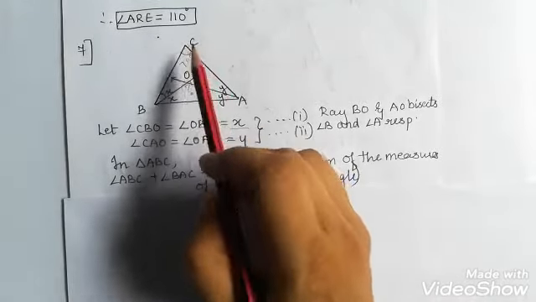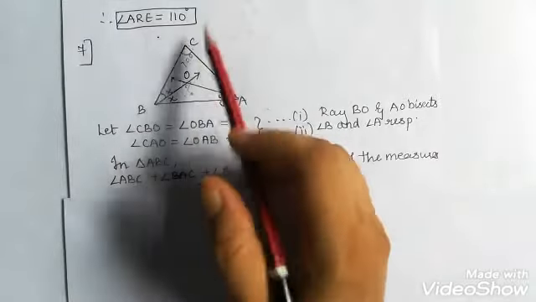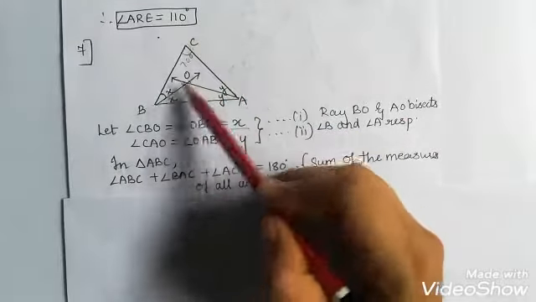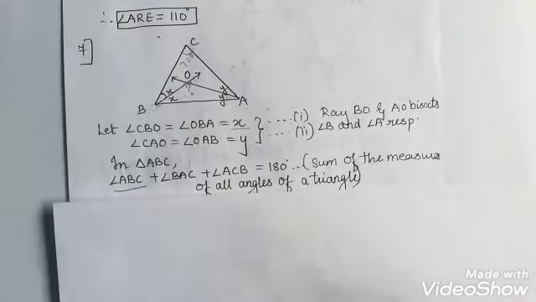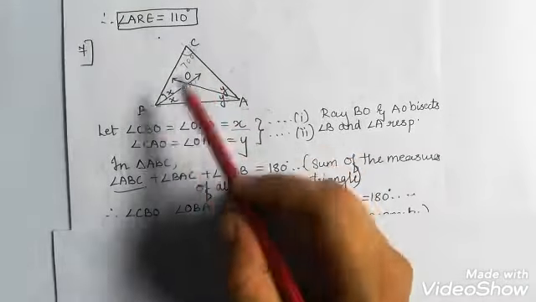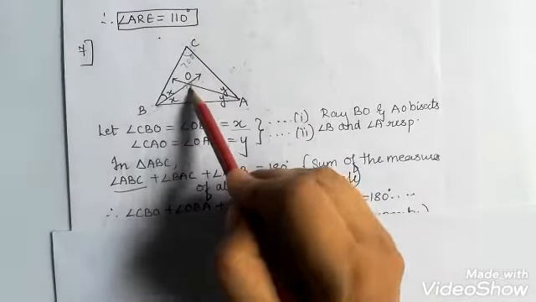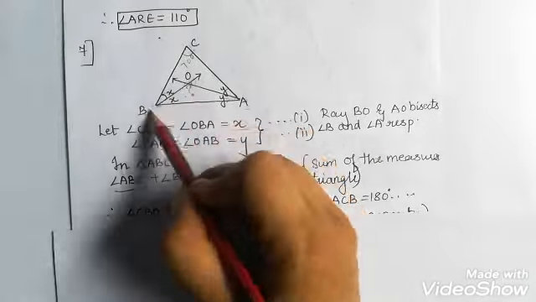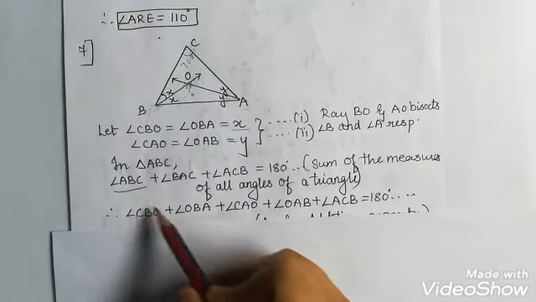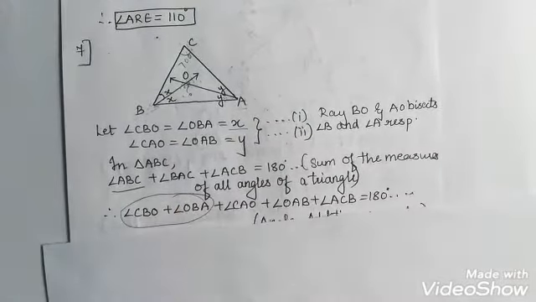Angle ABC is divided into two angles: one is angle CBO, another is angle OBA. So in place of angle ABC, I write angle CBO plus angle OBA. Why? Because when I add these two angles, I get the big angle.